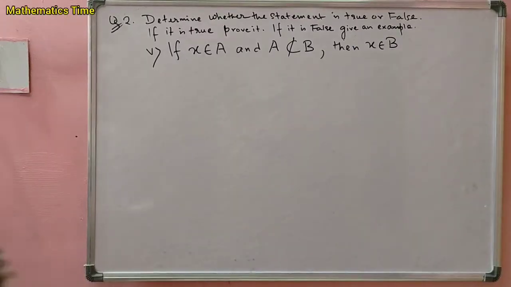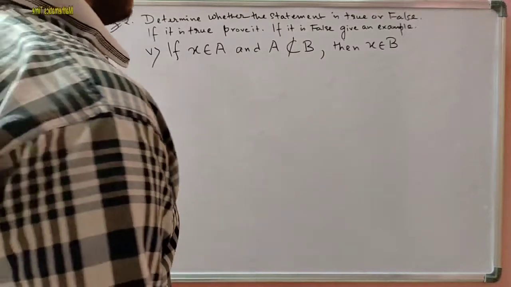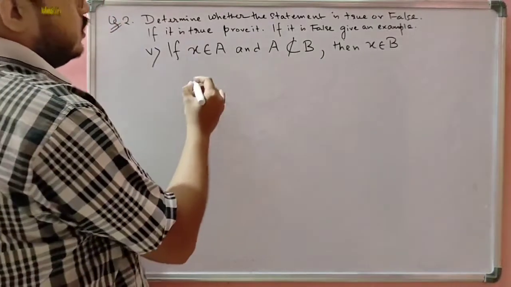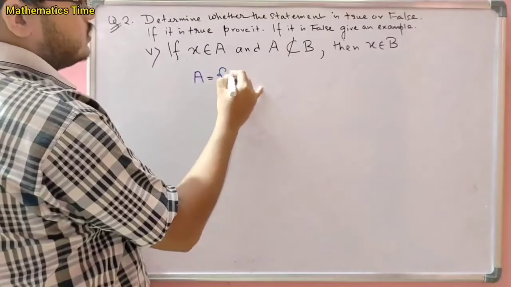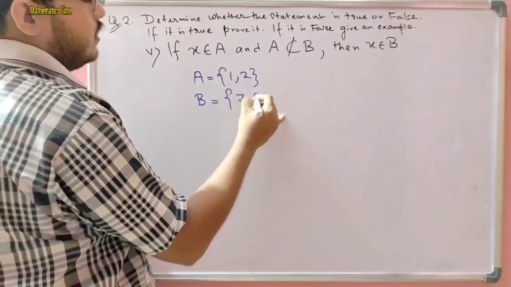So the next question: if x belongs to A and A is not a subset of B, then x belongs to B. We have to check whether the statement is true or false. So let us consider A as the set {1, 2} and B as {7, 8, 9}.